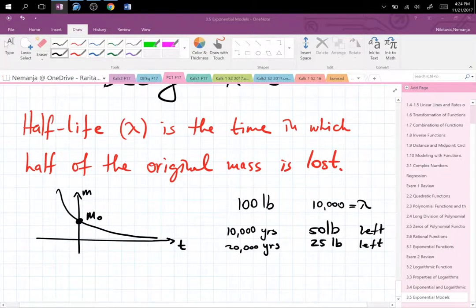And then you wait another 10,000 years, which is a half-life, so now you're at 30,000 years of waiting. You have 12.5 pounds left.